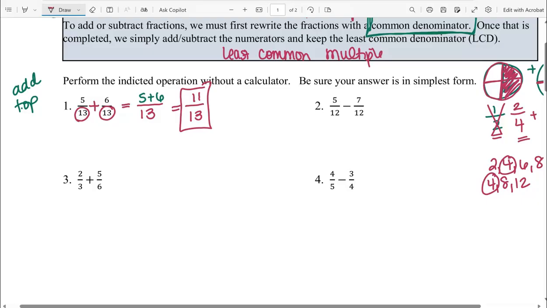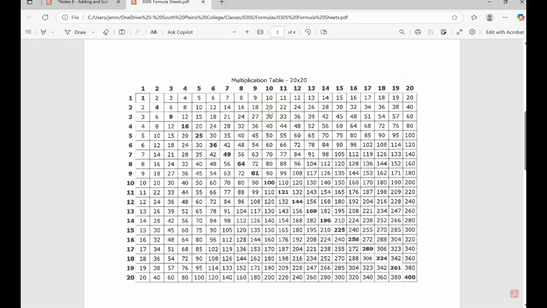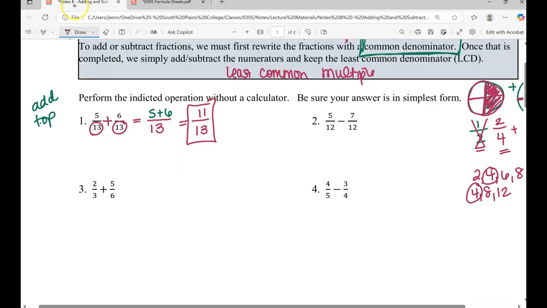Once we get done with our adding or subtracting, we do need to make sure that we can't simplify. 11 and 13, if I come over to my formula sheets, notice that 11 and 13 only show up in the same list with the number 1 row. What that means is the only thing I could divide out of it to simplify would be a 1, which won't change anything. Let's try another one.